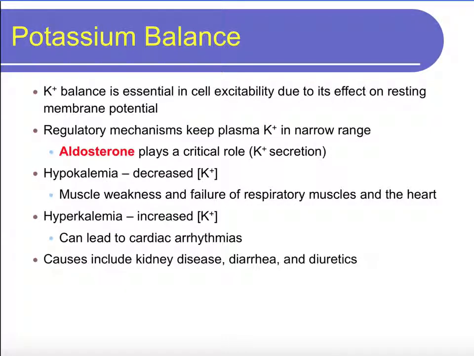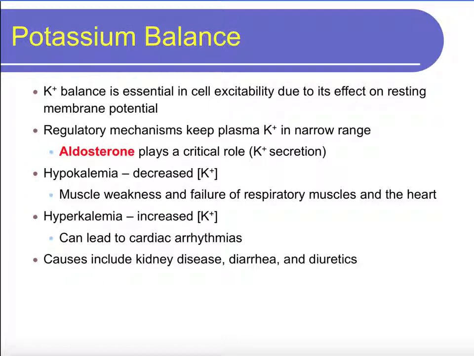Just to remind you, if you become hypokalemic, low potassium, it causes your resting membrane potential to hyperpolarize, meaning from -70, you'll become more negative. So you'll be further away from threshold, so your excitability decreases. So it can lead to things like muscle weakness and failure of your respiratory muscles and your heart.